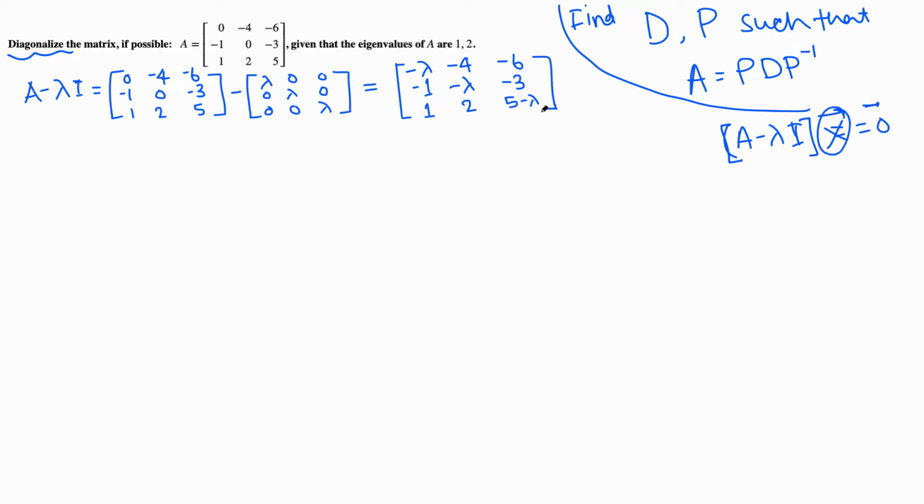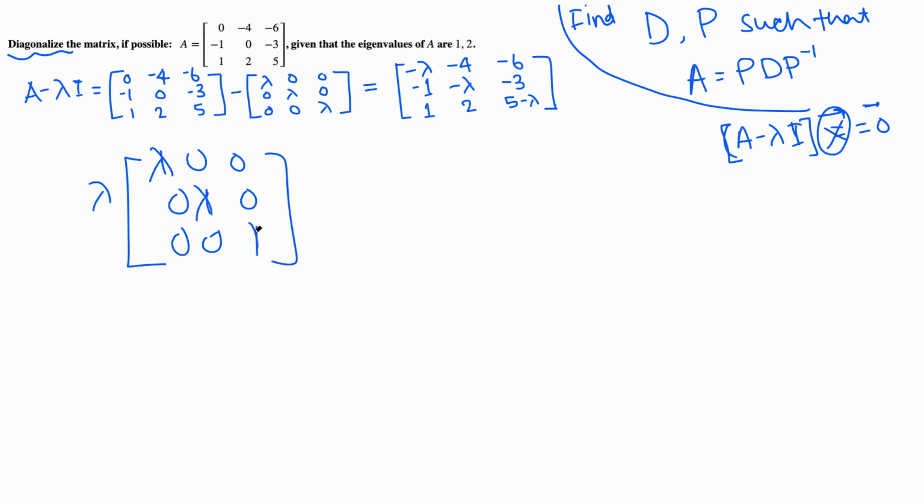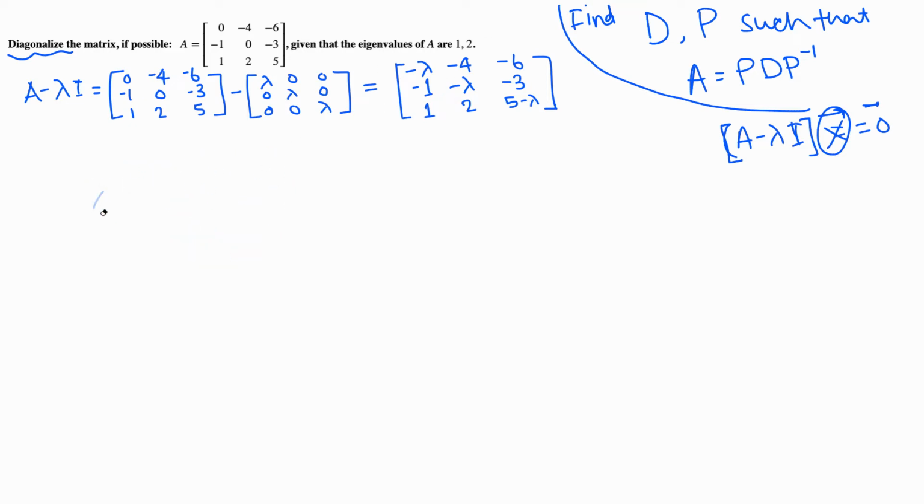So here is A minus lambda I, which I just worked out here. I is a 3 by 3 identity matrix in this case, and lambda I, when we multiply by lambda, is going to be lambda here, and we subtract. Now let's find the corresponding eigenvectors.